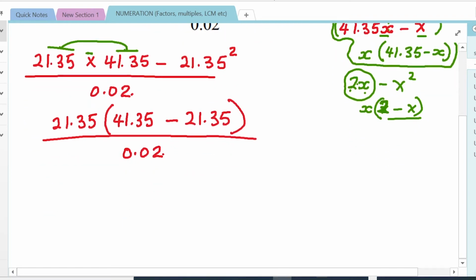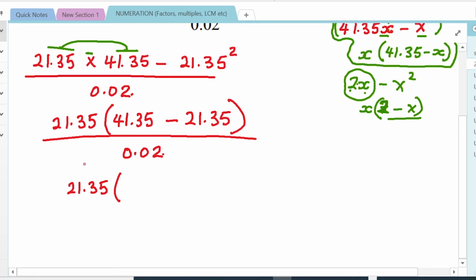Now that we have shown that we know that, we deal with what is in the bracket, so you subtract the things that are in the brackets. Even if you use a calculator here, the issue they wanted to test is your knowledge of factorization, your ability to put those things outside the brackets like that.